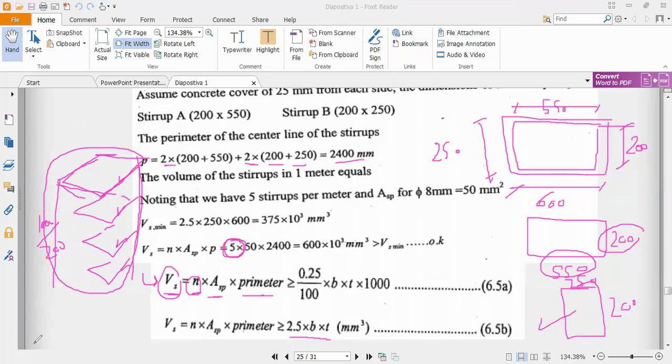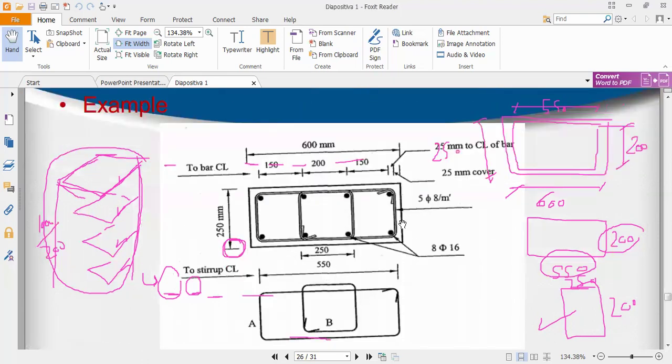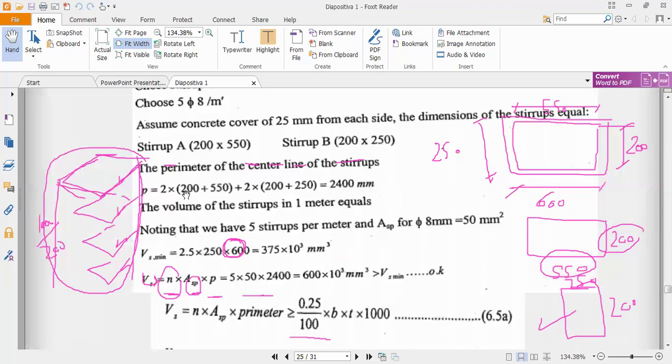After ending this, you can draw these figures to show the dimensions of strips. We have two kinds of strips. This is one type of example from our lectures.